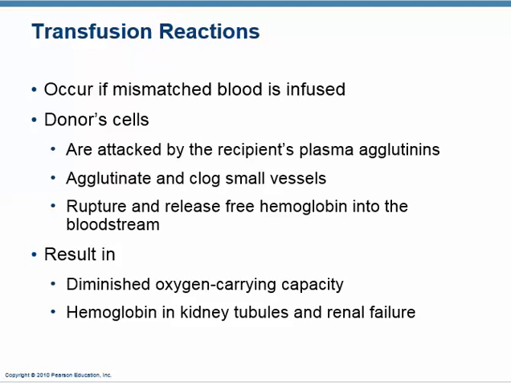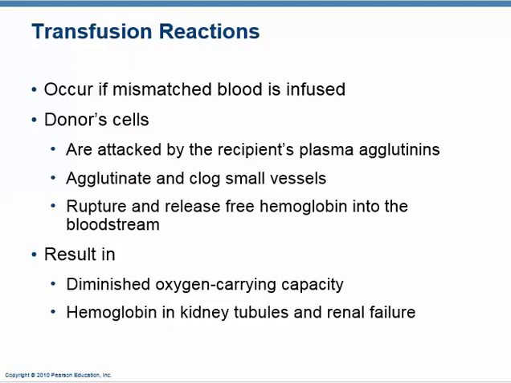But what happens is that the small amount of donor blood, the red blood cells, actually stick together. The antibodies, the anti-A's or the anti-B's, cause agglutination, which is the sticking together, the clumping up of the red blood cells. And what ends up happening is they start to clog the capillaries and the small blood vessels and that kind of thing.